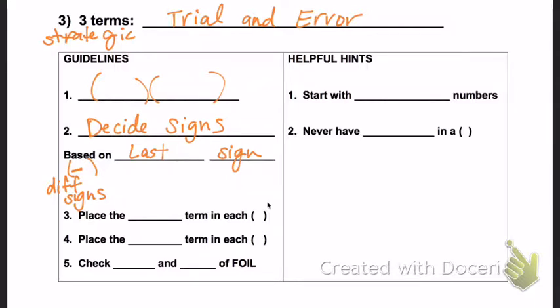If you have a plus sign on the end, then it's going to be the same signs. And how you tell whether they are both plus or both minus is by looking at the first sign.